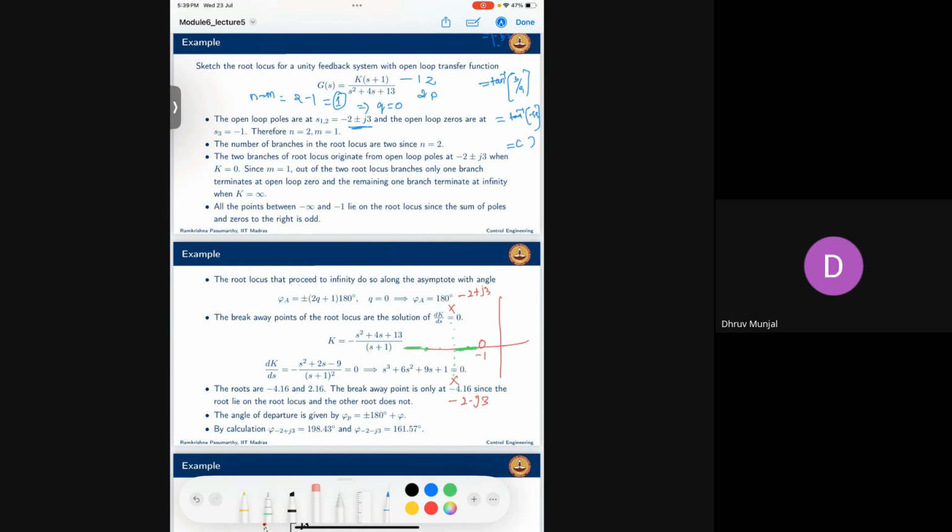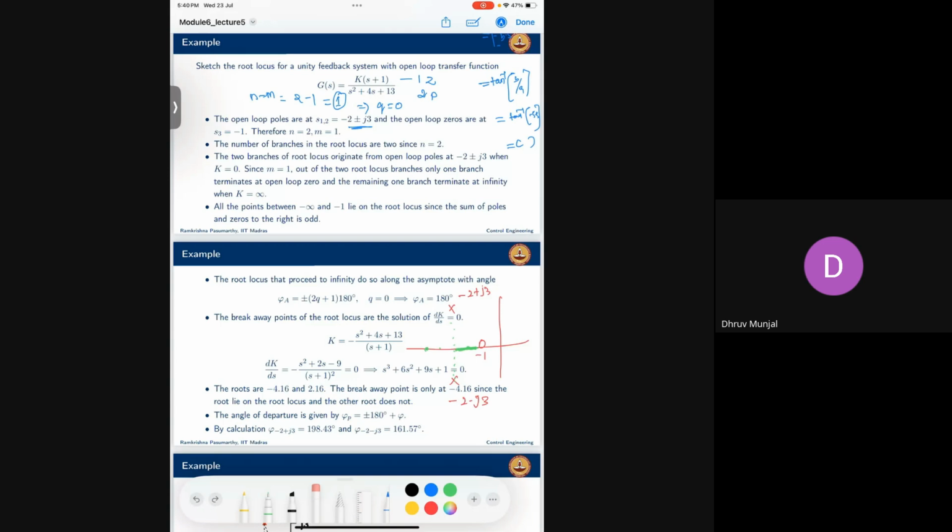So this is not there. Okay, only this green color is in your root locus. All the points between -infinity to -1 are on your root locus.